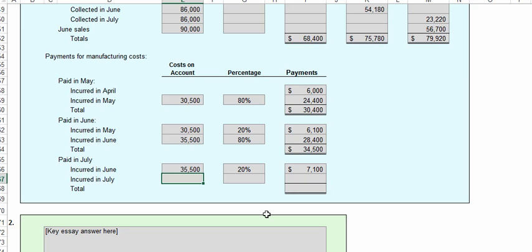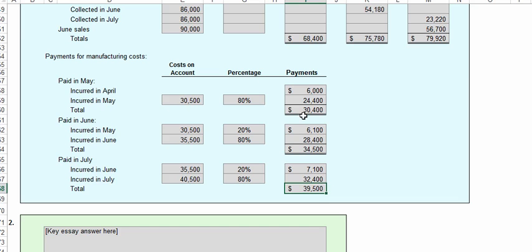And then July's manufacturing cost of 44,000 minus the 3,500 non-cash expenses for May, June, and July gets us to 40,500, 80% of which would be paid in the month of July. It's 32,400. So 39,500.